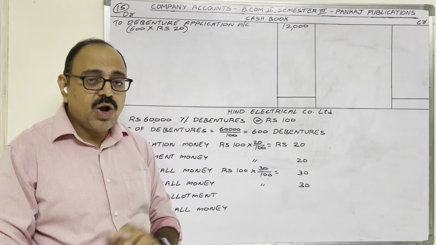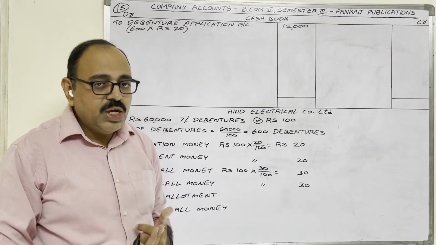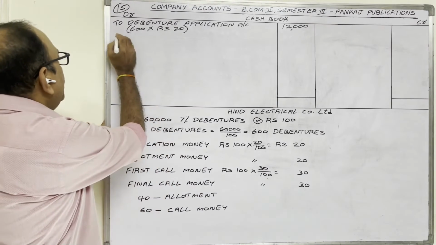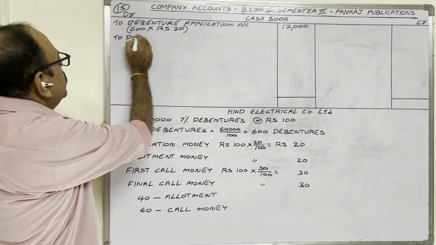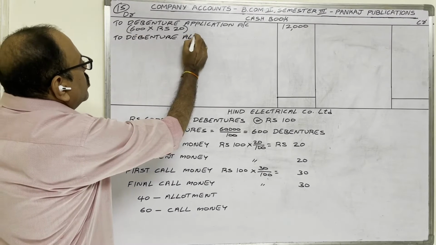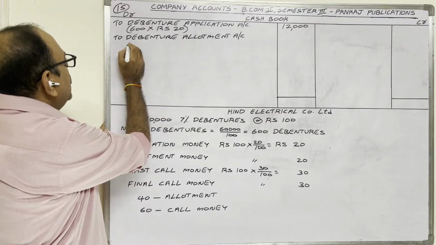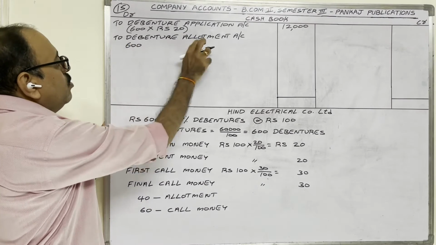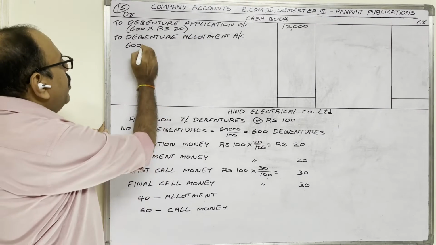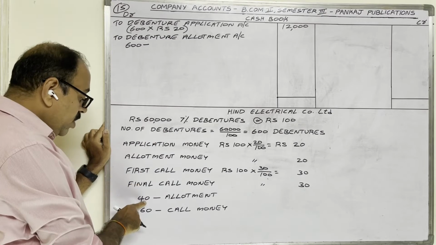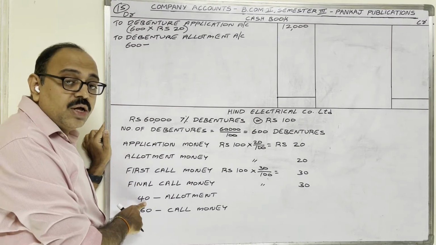Next is for allotment. So allotment money is also coming now. Debit side to debenture allotment account. Here there are some call scenarios. On 600 debentures, allotment money should come, but on 40 debentures, allotment money is not coming.